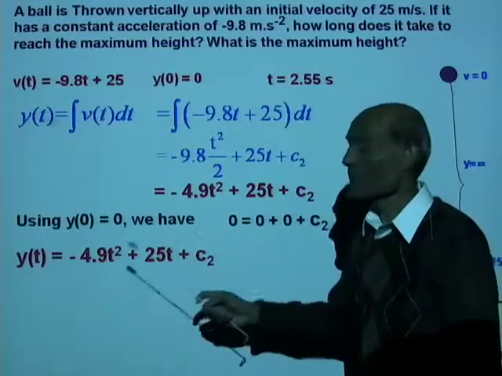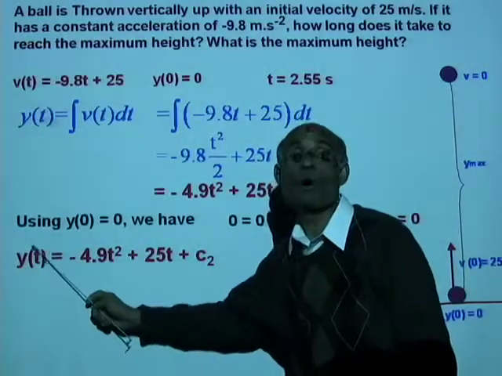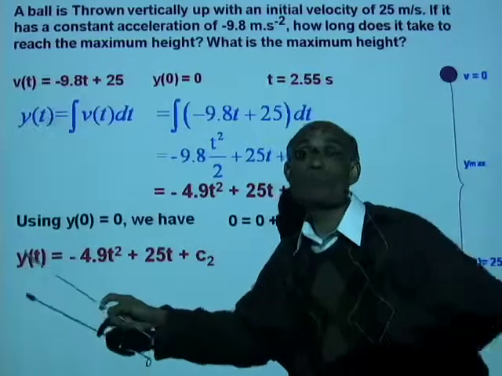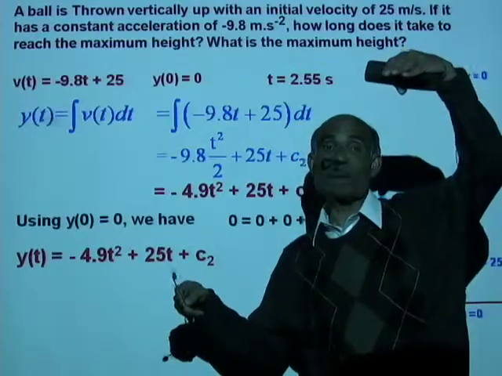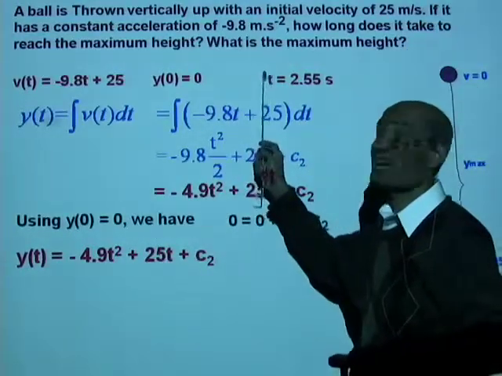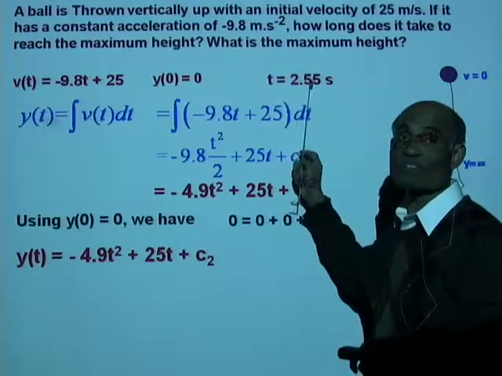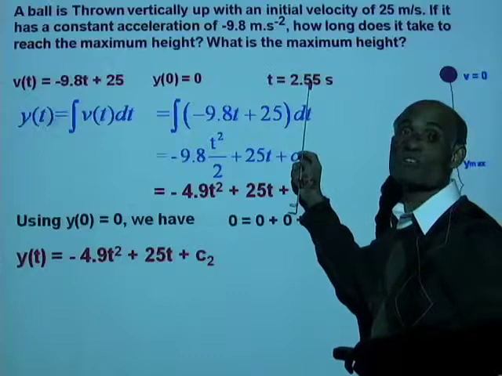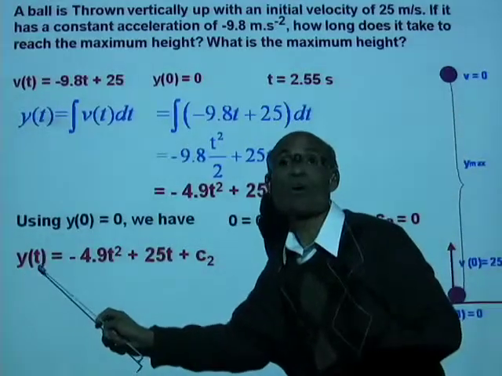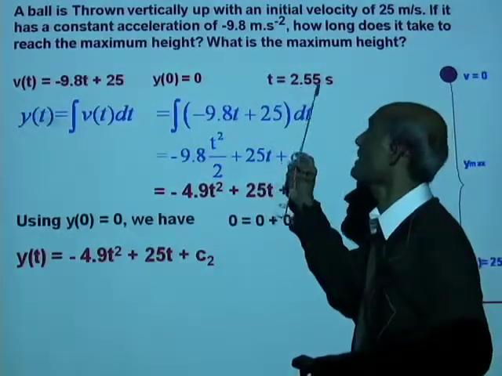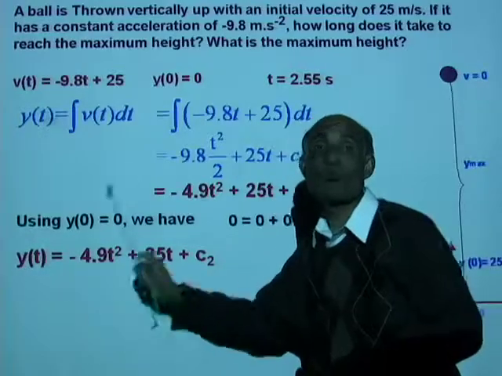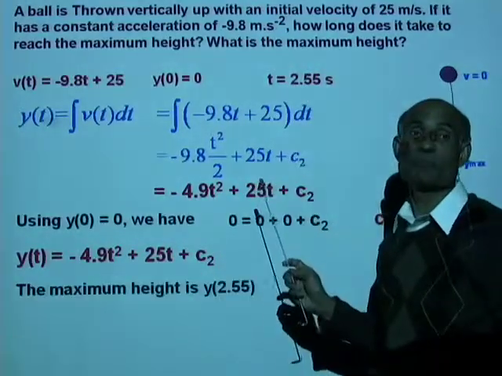It means what is the value of y when the ball is at the maximum height. You know that the time taken by the ball to reach the maximum height is 2.55 seconds. So all we need to do is find y of 2.55 seconds. What is the value of y at this time?